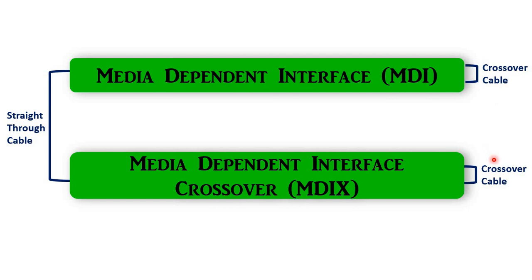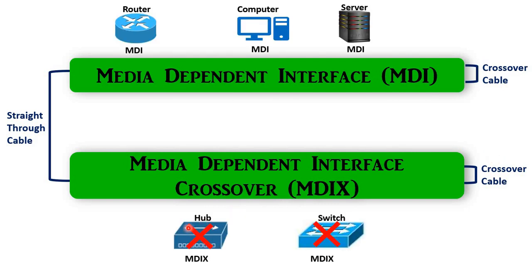Hubs and switches are deliberately wired opposite the way end stations are wired, so that when a hub or switch is connected to an end station, a straight-through Ethernet cable can be used, and the pairs will match up properly. The standard wiring for end stations is known as MDI, Media Dependent Interface, and the standard wiring for hubs and switches is known as MDIX, Media Dependent Interface with Crossover.